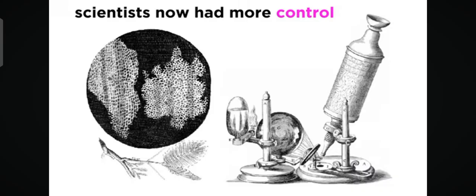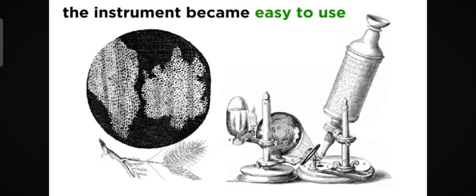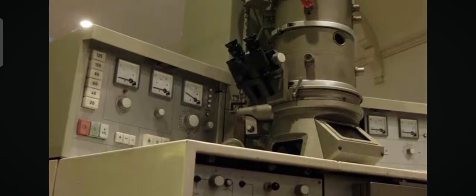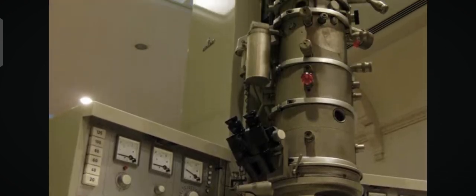These accessories allowed scientists to have more control over how they view the specimen. Additionally, these accessories made using the microscope much simpler, such that individuals would require very little training to operate it. The major innovations that were to follow didn't arrive until the 20th century, but each was truly significant.